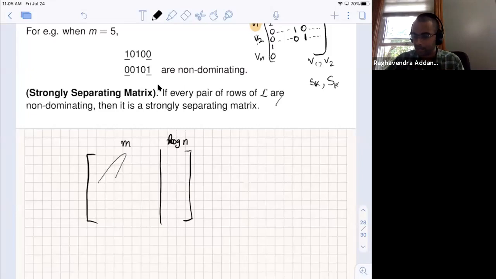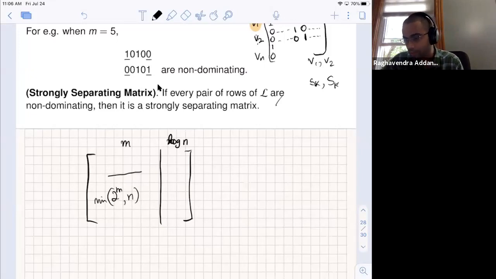Suppose we fill this with increasing order of weights. So 0, 0, 0, 0, 0, 1, 0, 0, 1, 0, meaning increasing order of weights. Ideally 2 to the m such rows are possible. We'll stop at n. We can make this strongly separating by putting a weight indicator vector for every node, for every row.